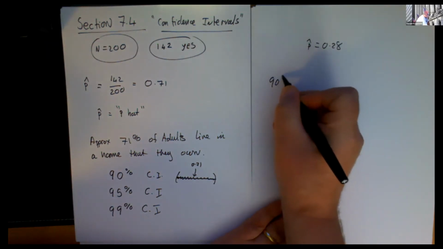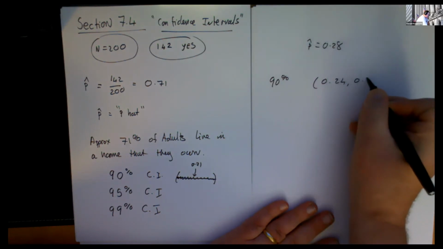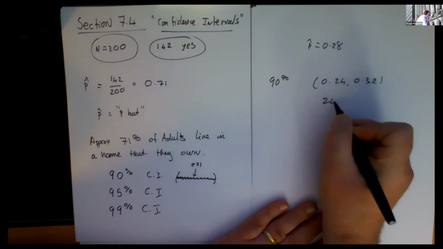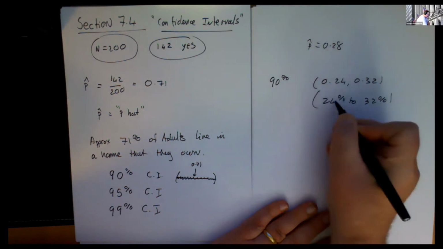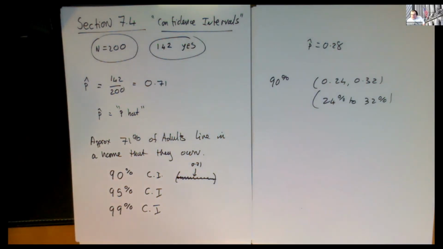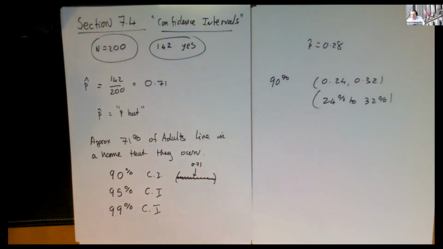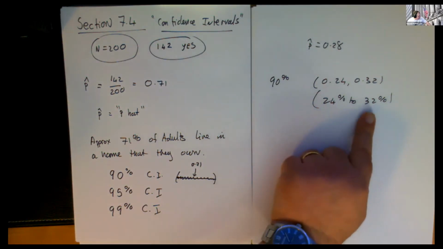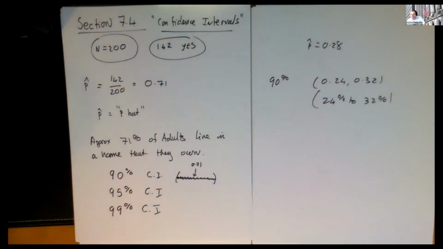A 90% confidence interval might be 0.24 to 0.32, which basically means, if you turn it into percentages, because that's the way my brain works, that somewhere between 24% and 32% of Americans like pickles. So if we actually went and spent a fortune and asked every single one of you, somewhere in the region between here and here would be our correct answer. Now, it could be 25%, it might be 31%, but we're pretty sure it's in that range. Have you noticed that the 28 is bang in the middle of those two numbers?